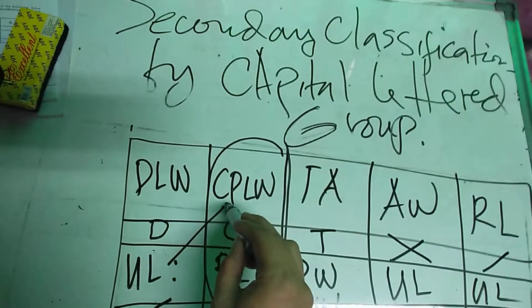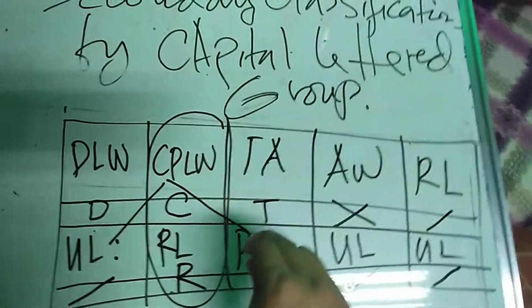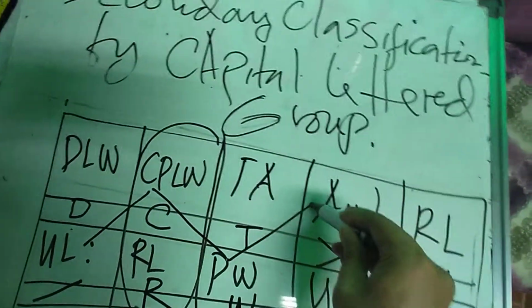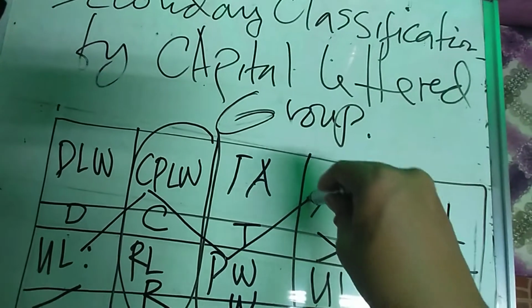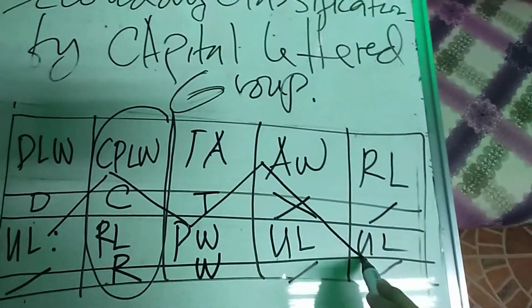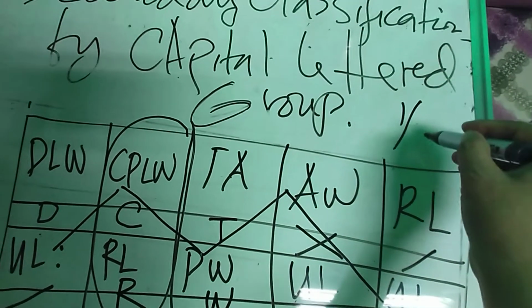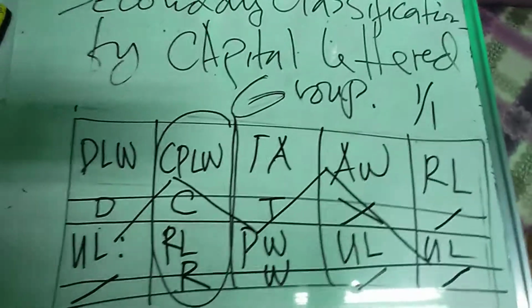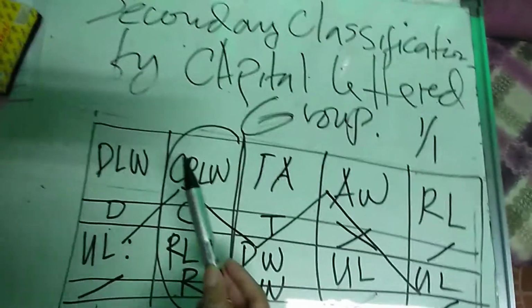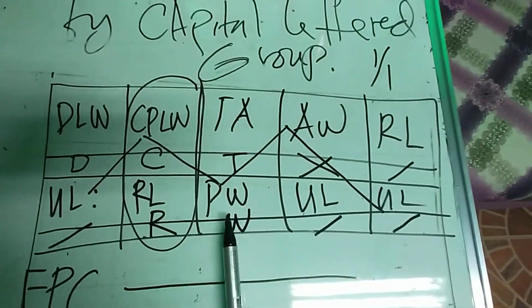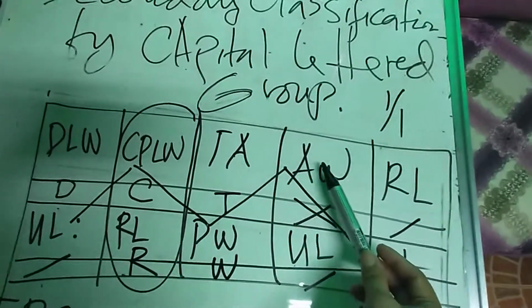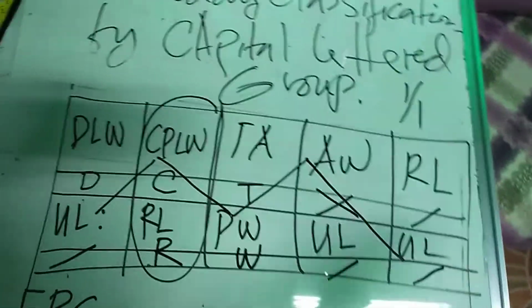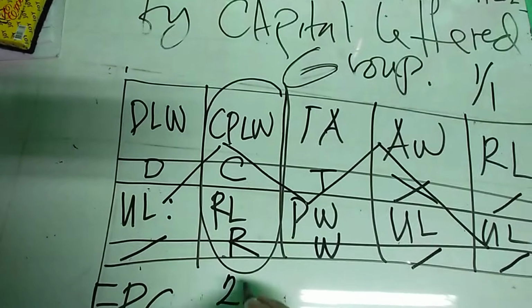So, how much? 16 plus 2, 18 plus 8, 26. None plus 1. We have the given fraction 1 over 1. So, always add 1. So, again, 16 plus 2, 18 plus 8, 26 plus 1, 27. So, that is the numerator.